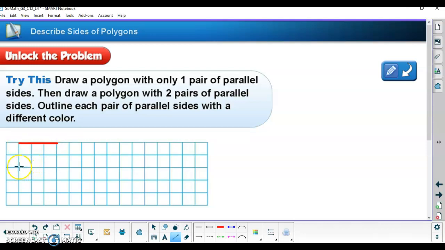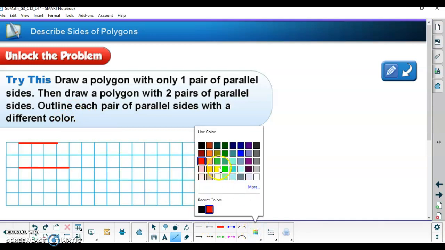So if I draw these two lines to be parallel, notice they have 2 blocks in between them every time. They're never ever going to touch. So we have one pair of parallel lines here. But if we only have one pair, then the other lines, let me change my color here.